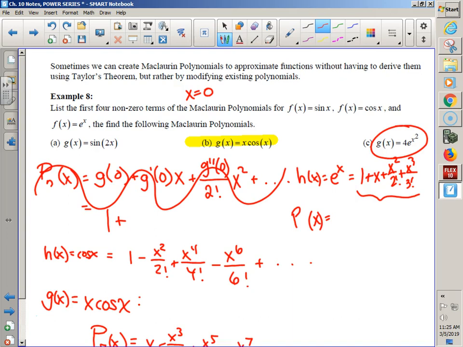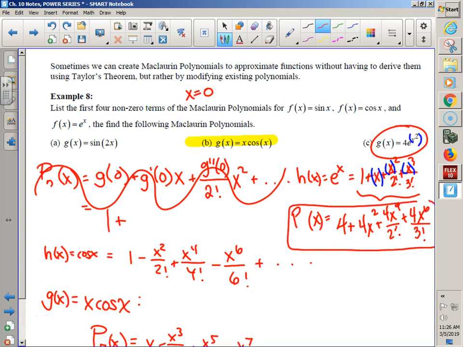So 4 with no plug-in, it's just 1, would be 4. 4 times plugging in x squared plus 4 x squared squared plus 4x, well, when we plug in our argument to our x's, remember when you raise a power to a power. So what would the next one be? X squared cubed, power to a power, x to the sixth. Power to a power you multiply. But so much easier than building that by deriving.